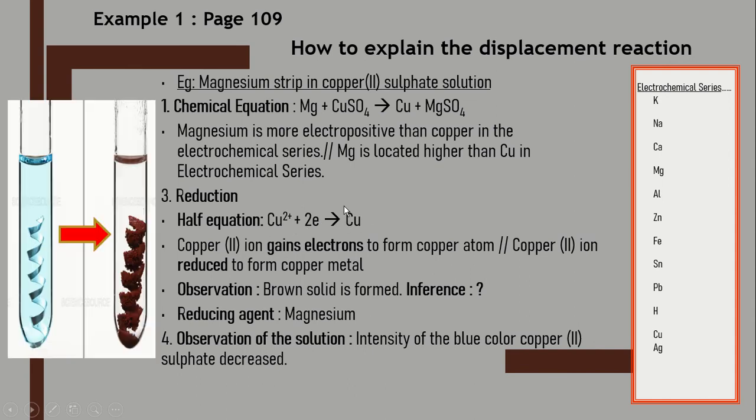Okey, dia akan jadi macam ni. Awal-awal dia biru dia terang, after end of the reaction dah tak ada lagi warna biru, semua dah jadi warna colorless. Kenapa? Cu2 plus ion yang menyebabkan warna biru ni sudah dinyahcas ataupun telah di reduce menjadi Cu metal. Cu metal warna brown ni. Pada kepingan besi metal Mg tadi akan ada copper atom yang berwarna perak. Okay, alright.